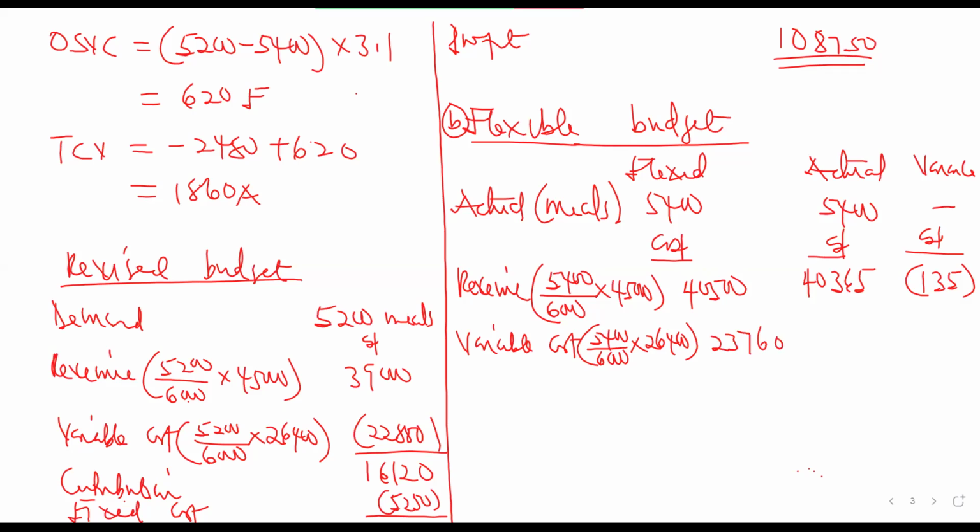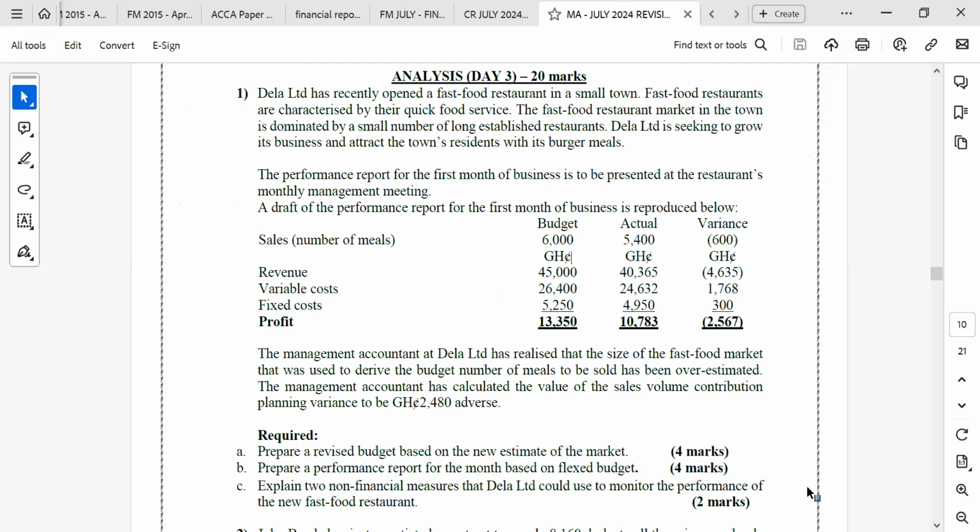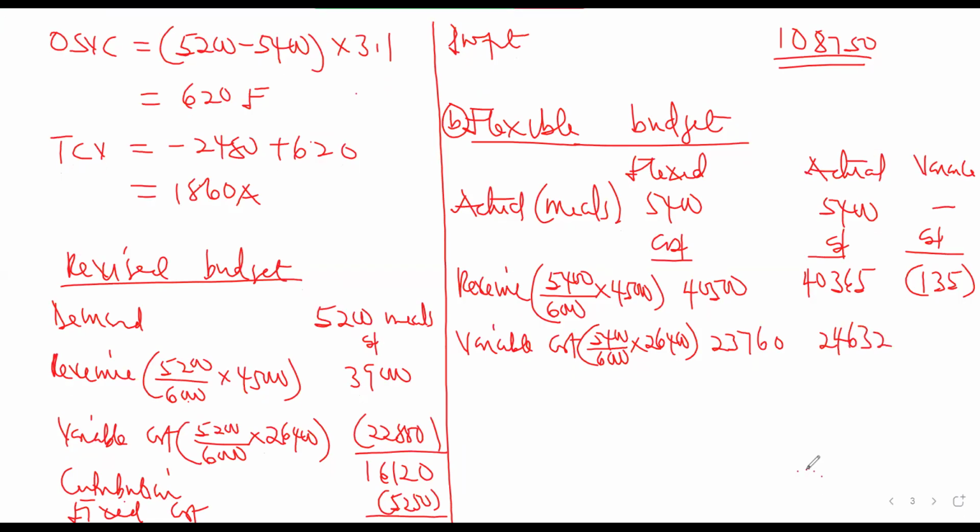What is the actual amount? 24,632. Are we spending more or less? More. Based on our budget, we should have spent 23,760, but we ended up spending 24,632 to produce that. So it means that our expenditure has increased. So that will also be adverse.